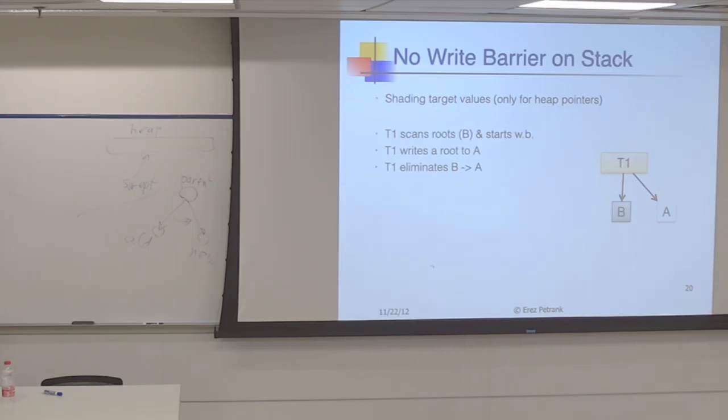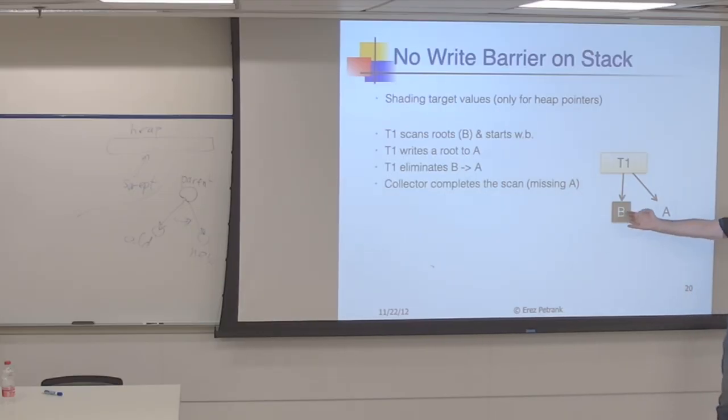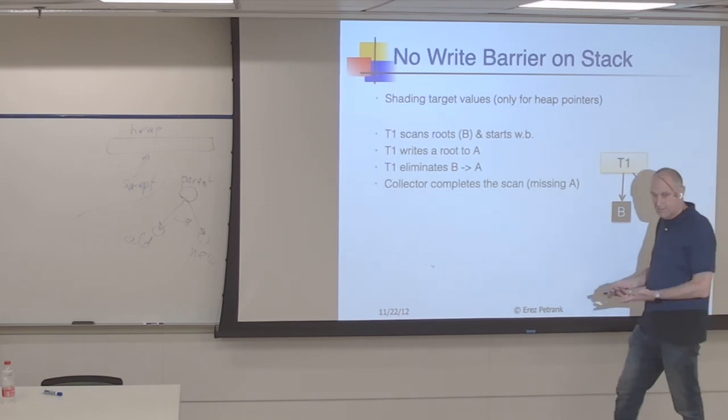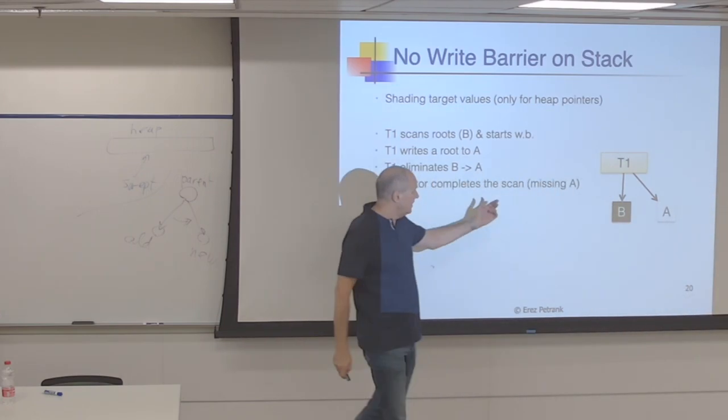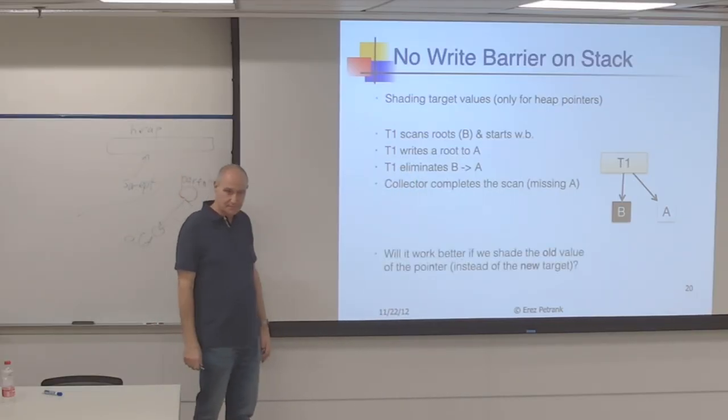And now we're in a really bad position. If the collector finishes, it goes to a gray object, shades its children, which are none, and makes it black. And then there are no gray objects anymore in the heap, and the collector may finish and we'll have A reclaimed. So this is really bad.